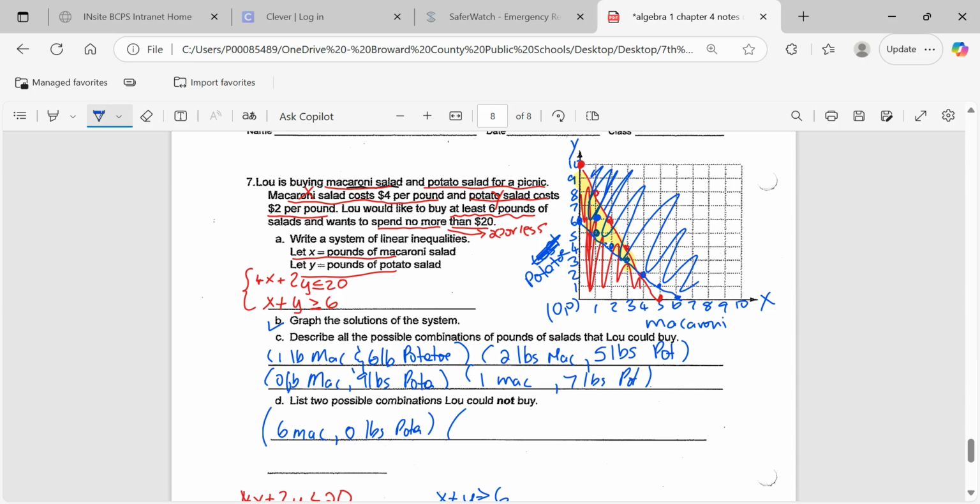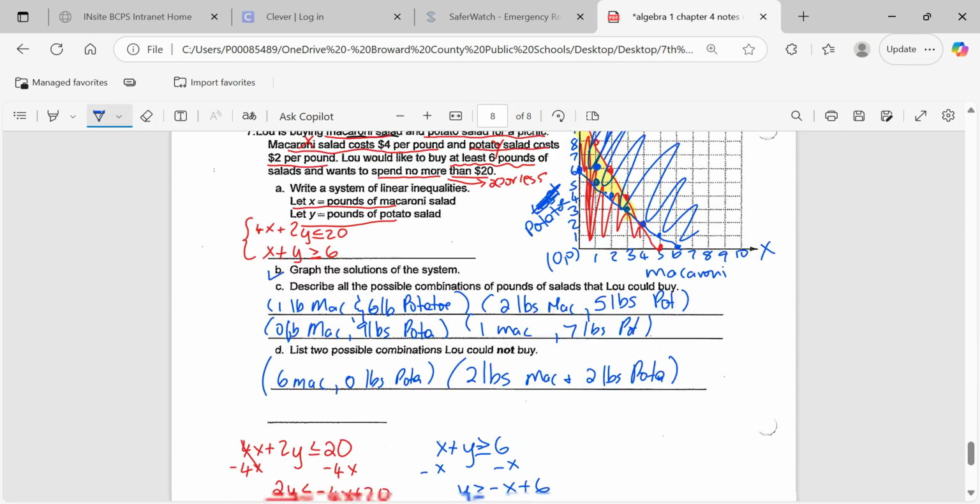He cannot do 2 pounds of macaroni and 2 pounds of potato. Not enough. He can't do that because they needed at least 6 pounds. He won't have enough food for the people. So this is kind of how you can tell what you can buy and what you can't buy when you go to a store.